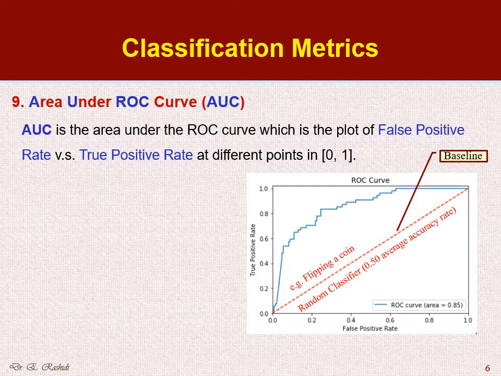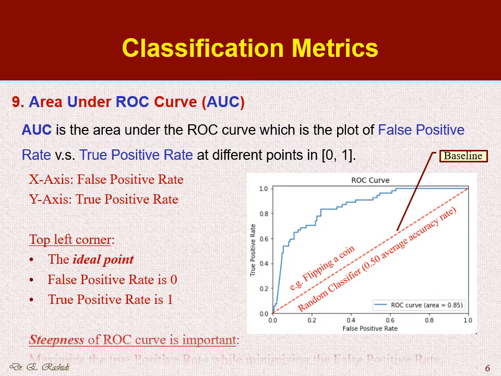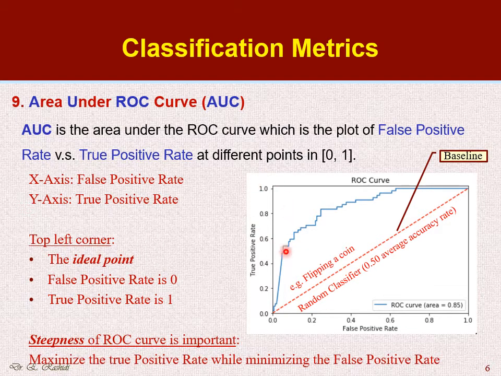On the x-axis, you can see the false positive rate, and on the y-axis, you can see the true positive rate, from 0 to 1 for both. The baseline, which is shown by the dashed red line here, is a random classification output, or the average, which is a 50% accuracy rate, such as flipping a coin.